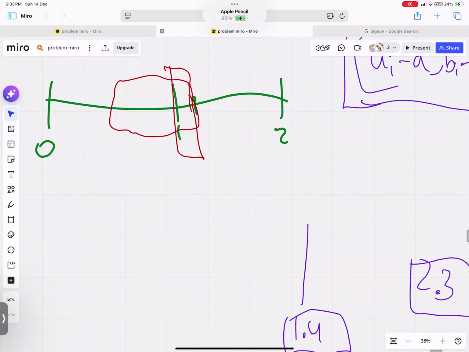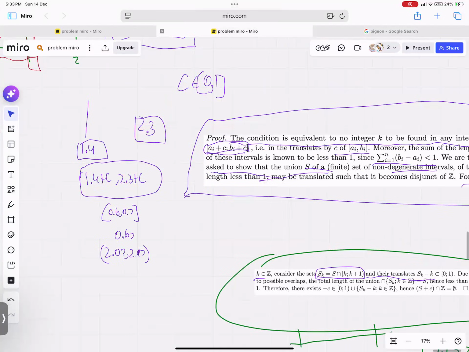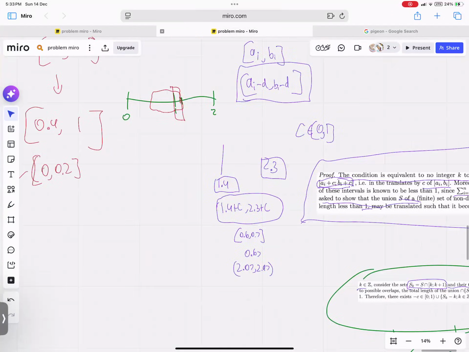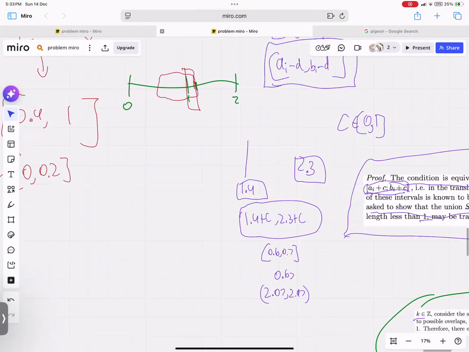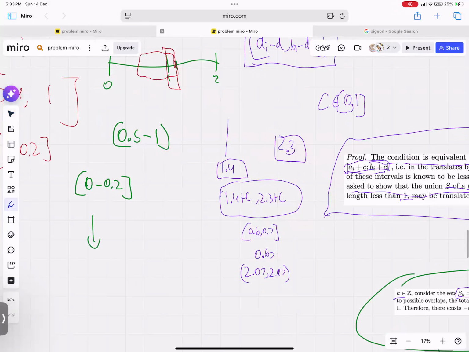Okay, I see how the translation works, but why does it give us a value of C? Why does C equal to minus D work? I don't get it. Okay, so say we have a translate which is 0.5 to 1 and 0 to 0.2, and the original thing was something like 4.5 to 5.2.